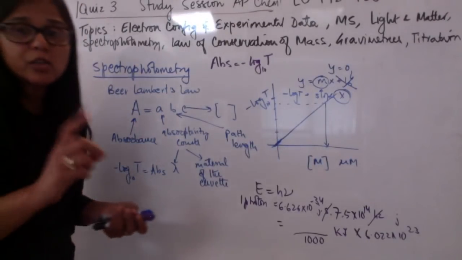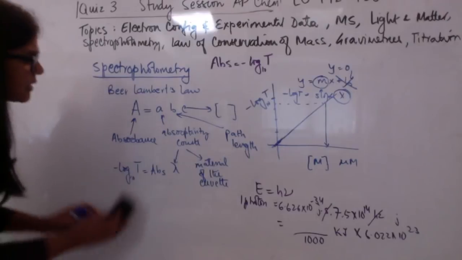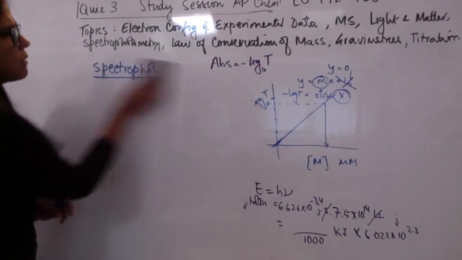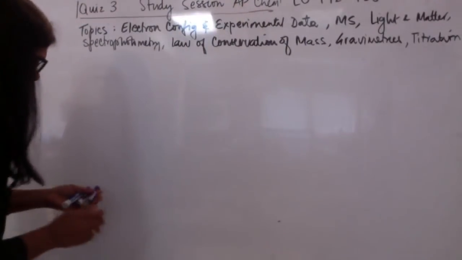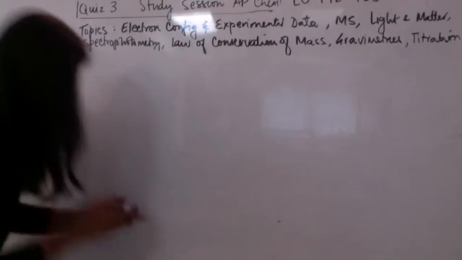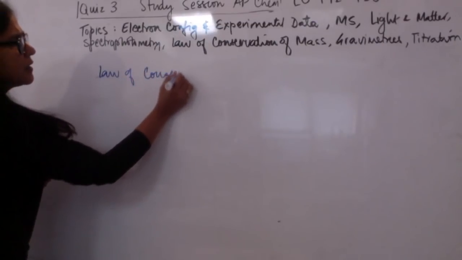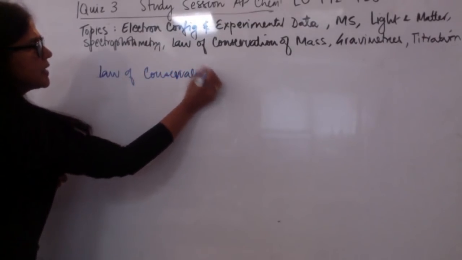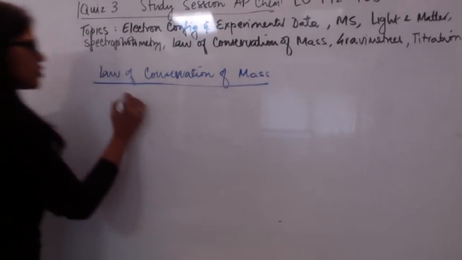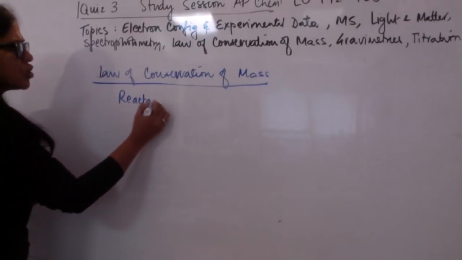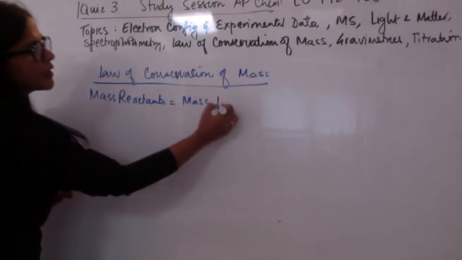All right, so I'm going to take your questions in a minute more, but let me now go on to law of conservation of mass. And then the plan is to go over more practice problems and the practice quiz. The law of conservation of mass says that mass is neither created nor destroyed, and the application in chemistry is that the mass of reactants should be equal to the mass of products.